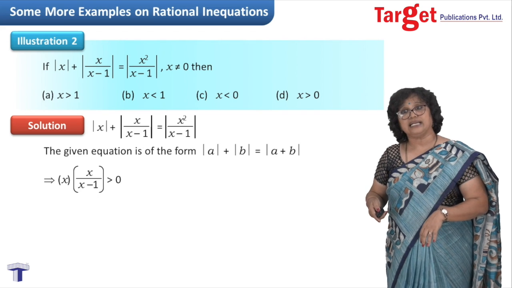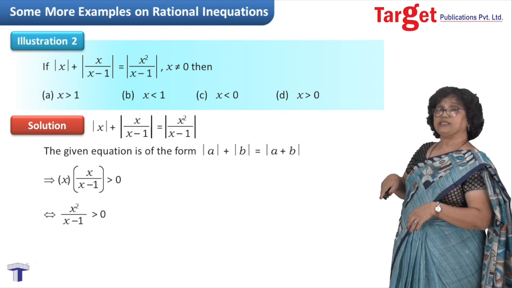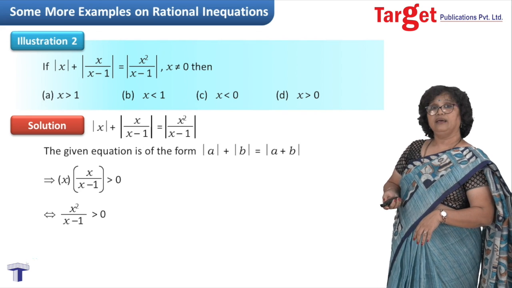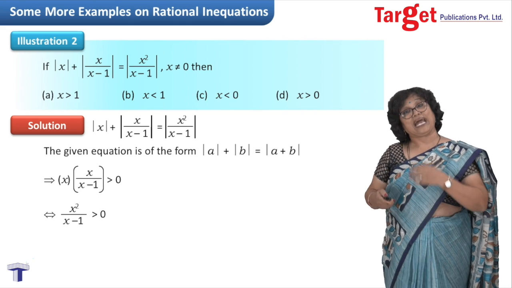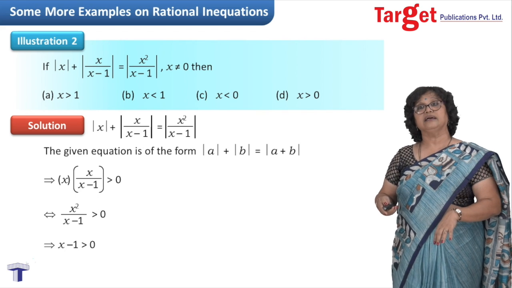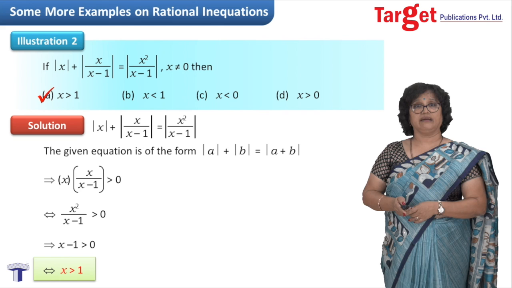And now I realize that it is x square upon x minus 1 greater than 0. The numerator is already positive, which is x square. The denominator has in it x minus 1. Now that will have to be positive to get x square upon x minus 1 greater than 0. So my option is x greater than 1. And that appears as option A, and that is the right option.